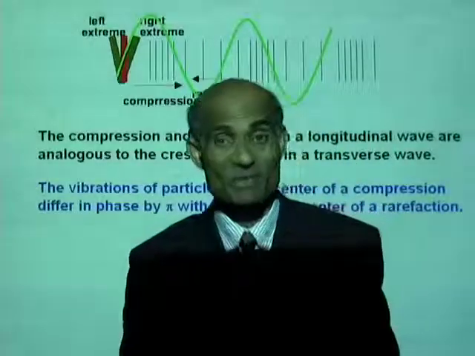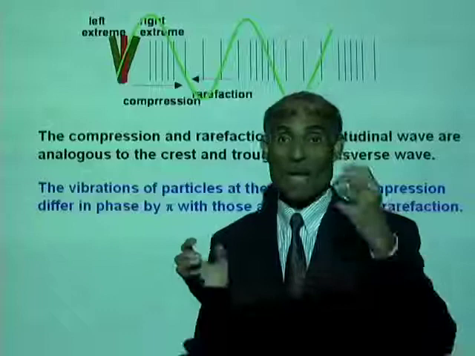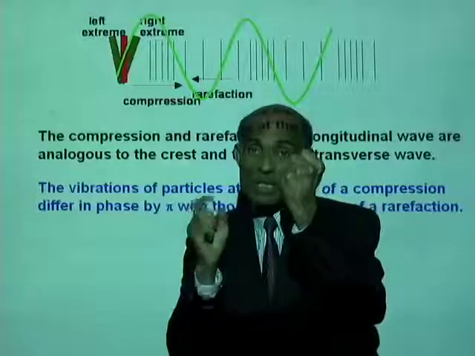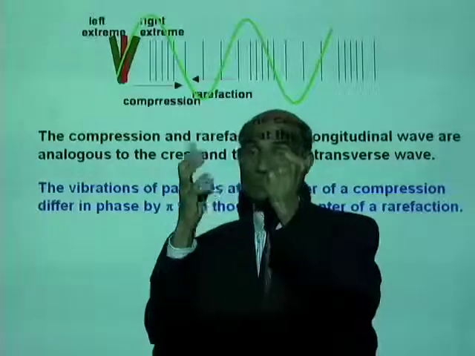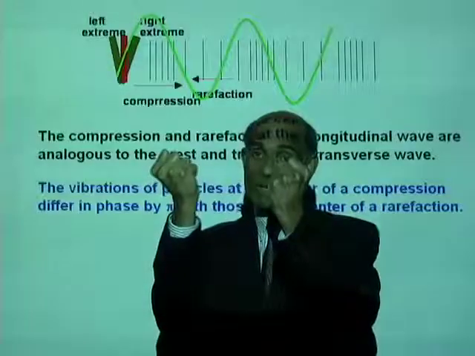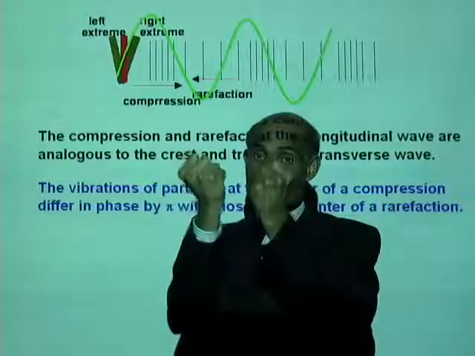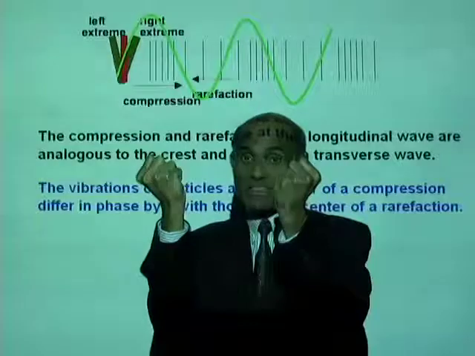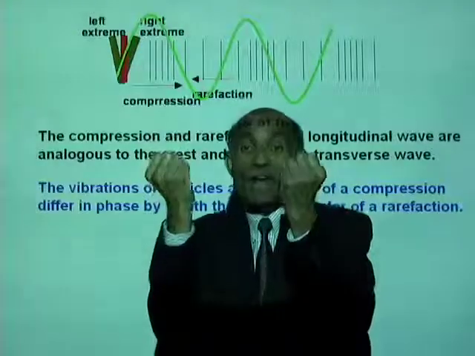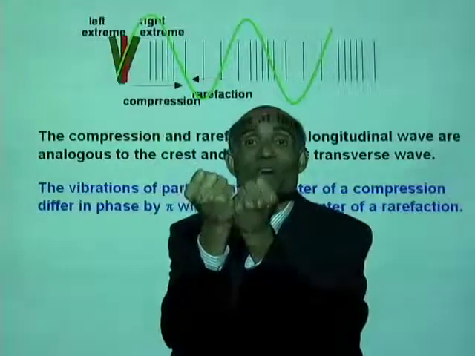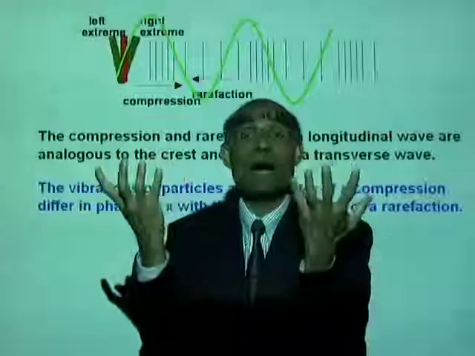You understand that, don't you? Because at the center of a compression, if the particle is moving to the right, at the center of a rarefaction, the particle is moving to the left. So their states of motion are completely out of phase, or the phase difference is pi.